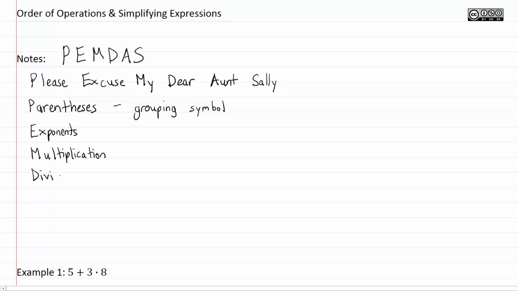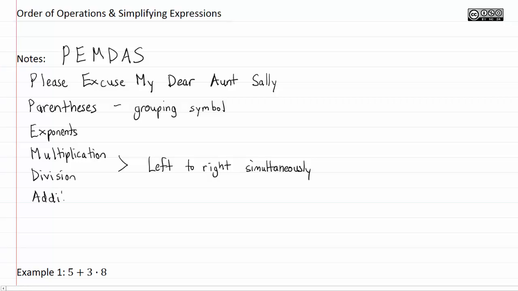Now as we're simplifying expressions, we need to make sure that we multiply and divide left to right simultaneously. As we're looking through the equation, we look for multiplication and division, and similarly with addition and subtraction. Those are the last two.